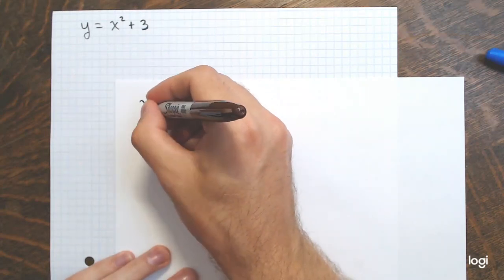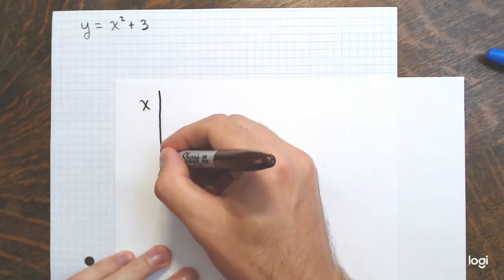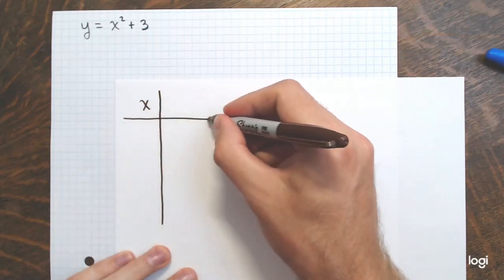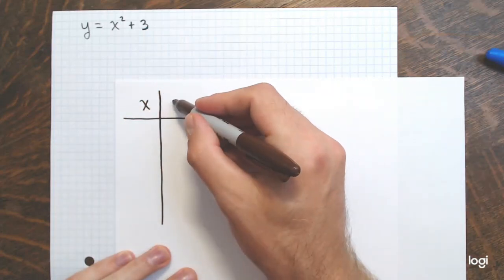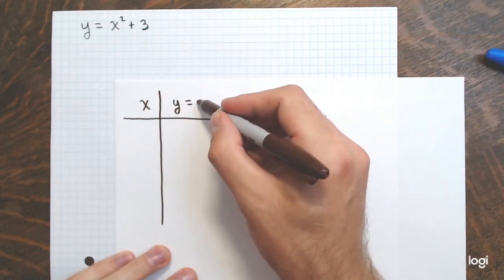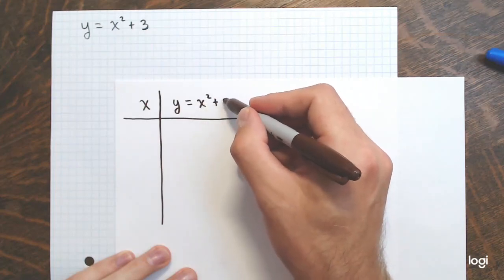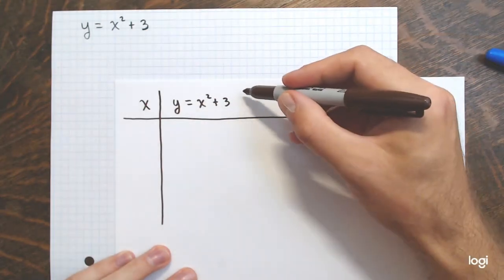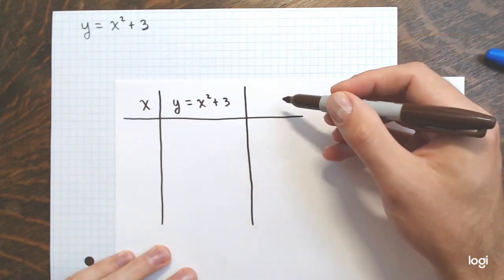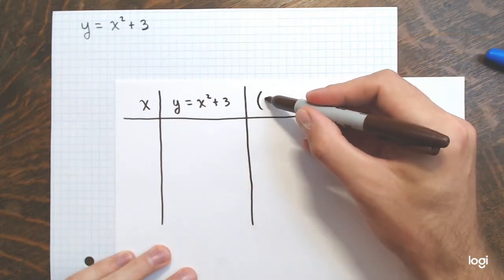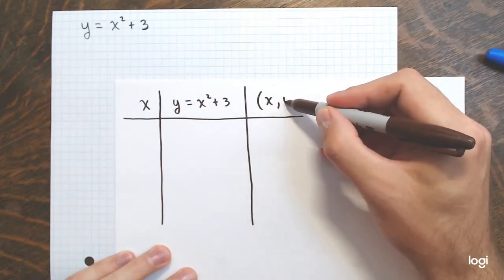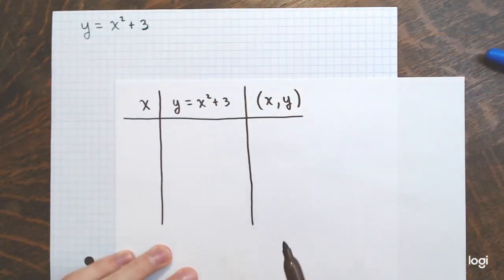I'm going to have one column where I plug in values for x. Then this column will help me with my calculation, how I'm going to determine the y. I'll just write the equation again, y equals x squared plus 3. And then down the third column, I'll list what the point is, what the solution is that I'll be graphing, the ordered pair.